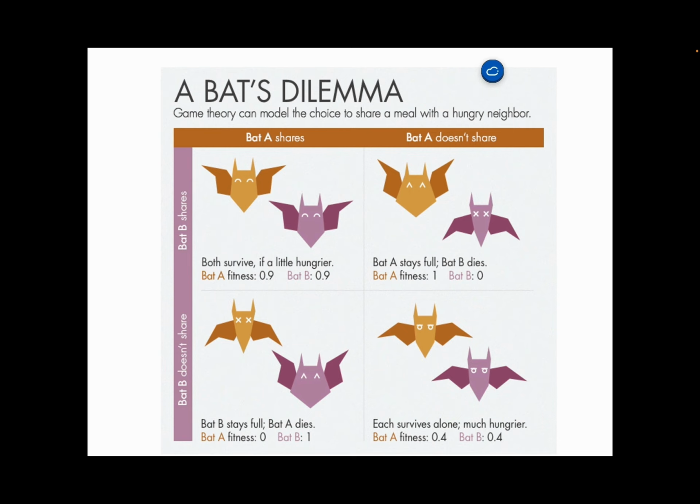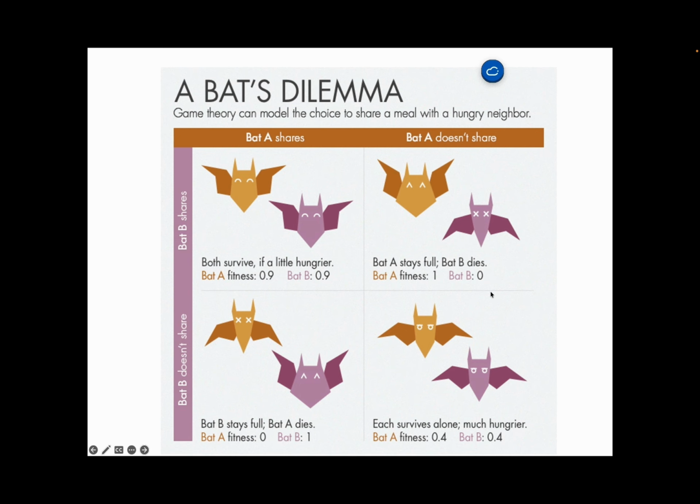And likewise, bat B sometimes will have succeeded in getting a meal, and bat A has not. And bat B, in that case, has the option to either share to help bat A, or to be selfish and keep all that blood, that delicious blood, for itself. And we can identify this sort of matrix of fitness payoffs.